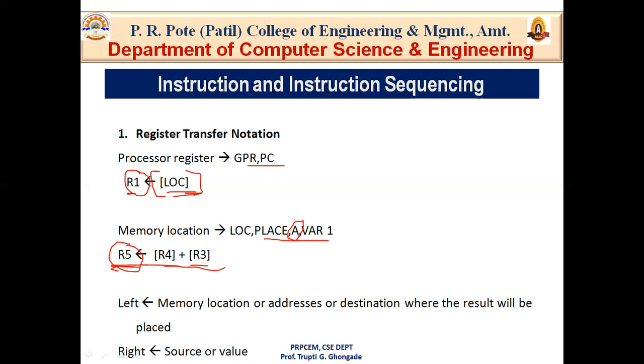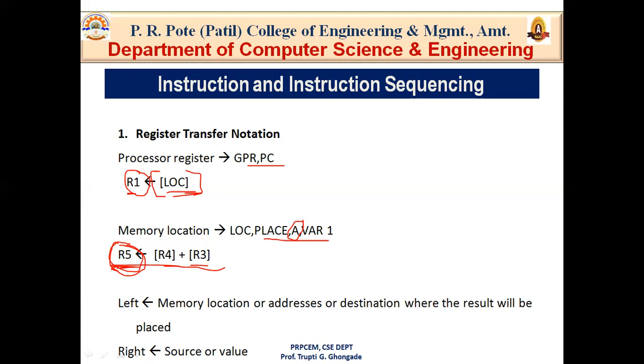So the leftmost side in register transfer notation is always your destination, the memory location or address where the result will be stored. In this case, R5 is your destination where we will store our result.